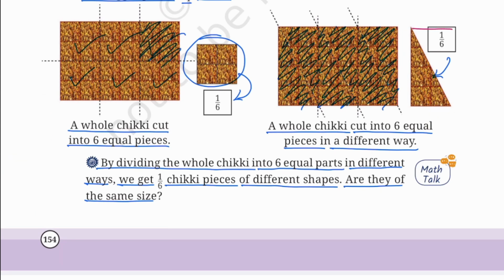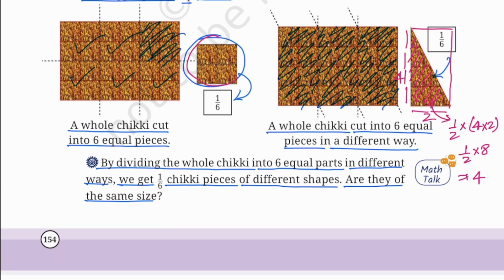You already know area of a triangle is half of the rectangle formed by its double. So this area is half of the area of rectangle. The rectangle has 2 units width and 4 units height. Area of rectangle is 4 into 2. That is half of 8, that is 4 square units.